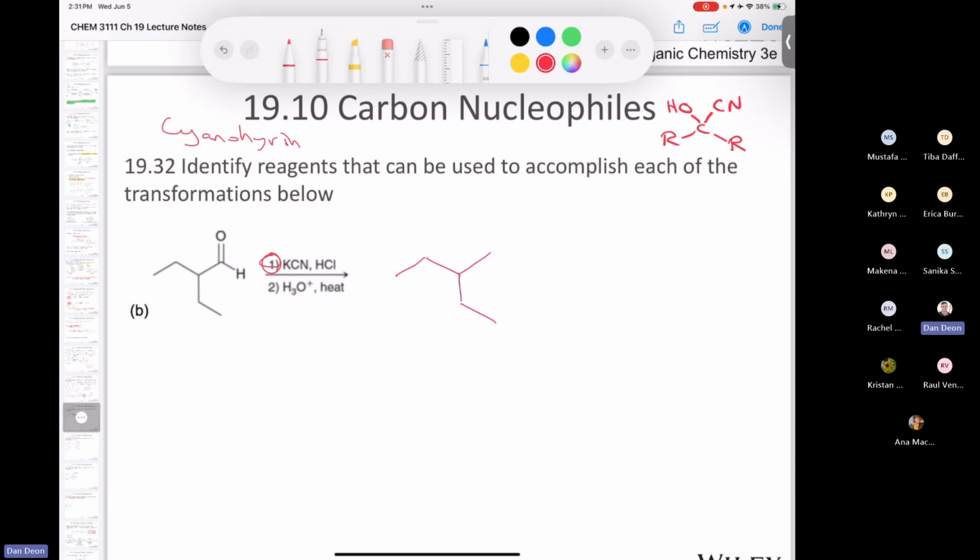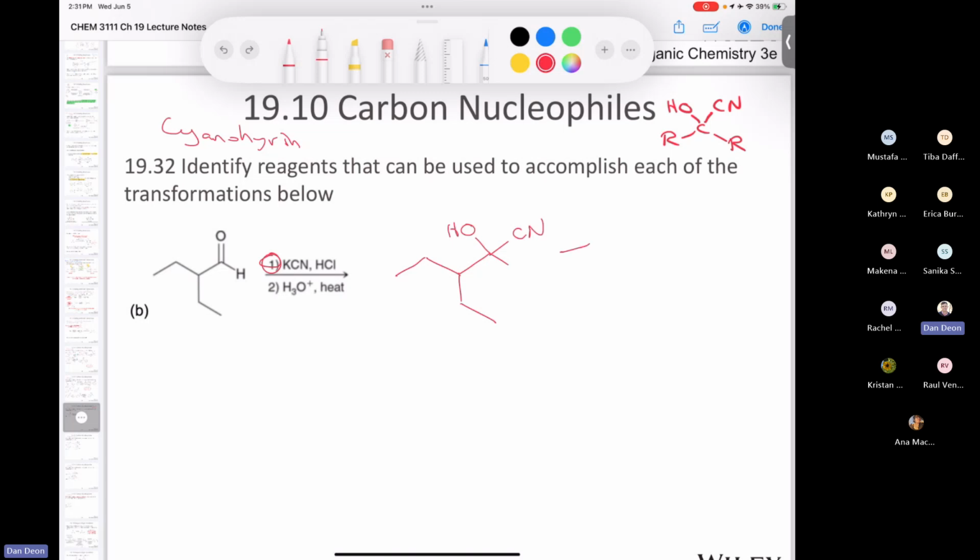So let's count our carbons carefully. So this carbon is going to be this one here. So now it's going to have an OH group, right? Because you're going to reduce the double bond down to a single bond, and you're going to have your nitrile on there. There's also a hydrogen on here. I'm going to leave that out because this is a bond line structure. And so if you remember, there's a couple of possibilities.